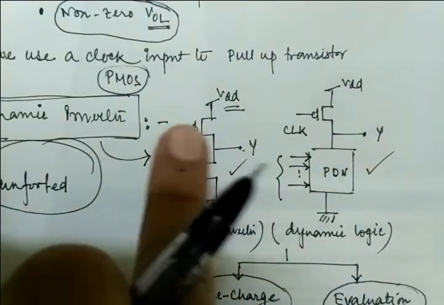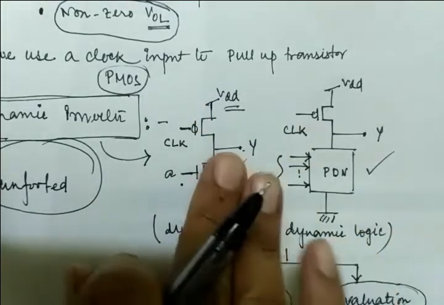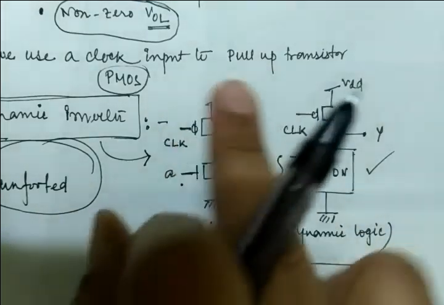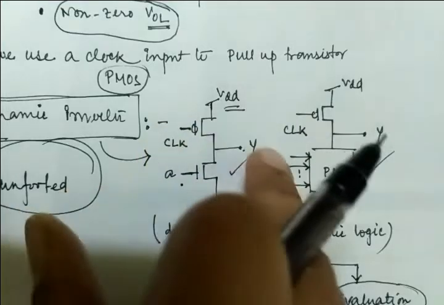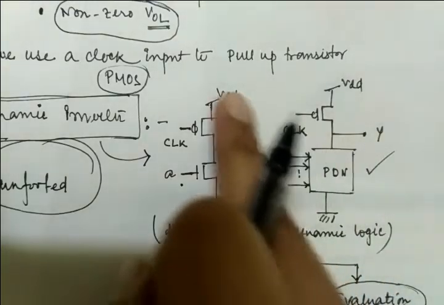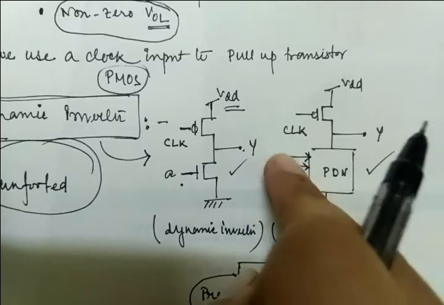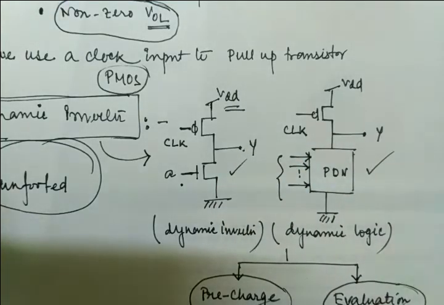Whenever we are in the pre-charge phase, which means clock equals 0, this upper portion is totally off. So this PMOS transistor is working, so Y equals 1. Y is charging. Now whenever we enter the evaluation phase, the output will be charged or discharged depending on the input.